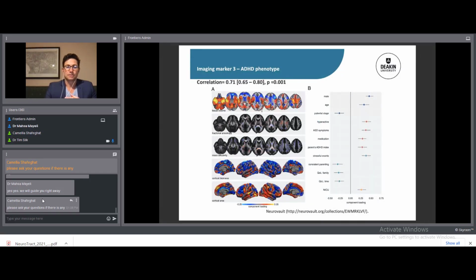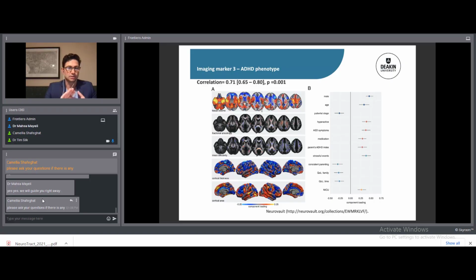All right, so this one was our more interesting one because this was, head size and development aside, specific to ADHD phenotype. So this particular pattern of increases and decreases across those imaging modalities, you're more likely to be male, older, but of younger pubertal stage, higher impulsive symptoms.